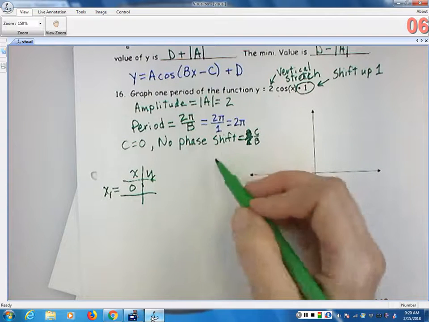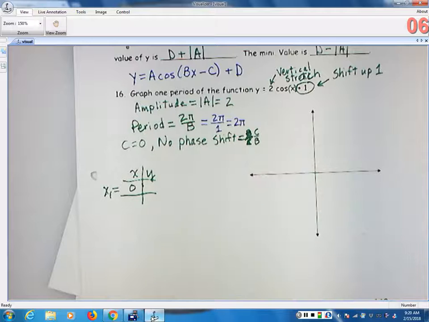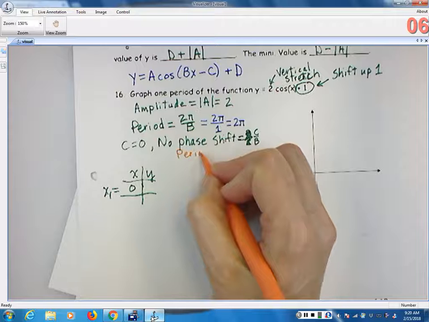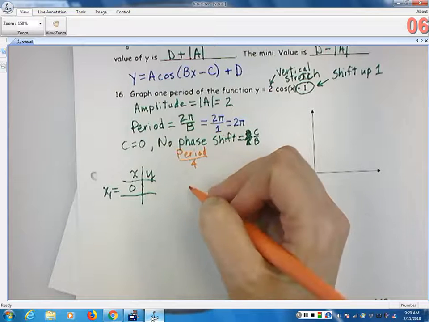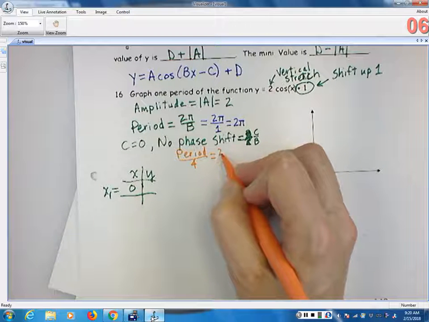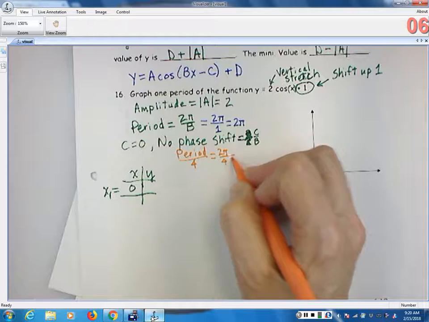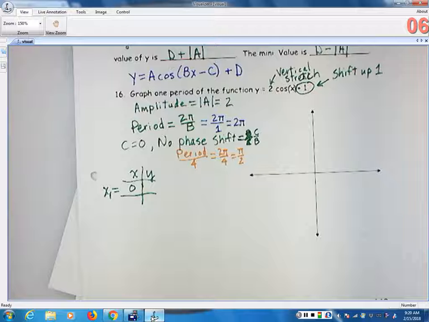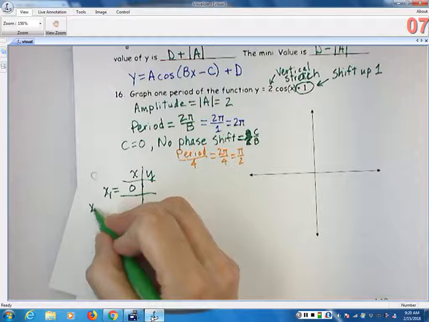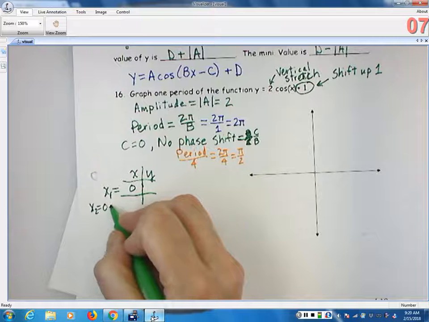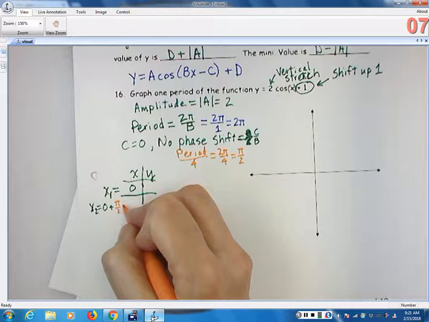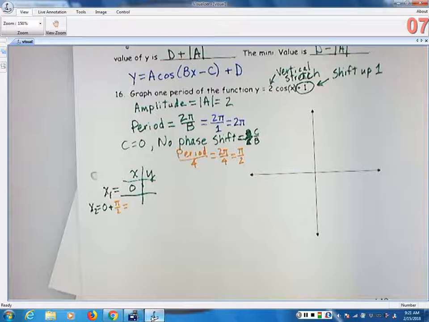And then you take your period and divide it by 4. This is important to remember: the period 2 pi divided by 4 is pi over 2. And that's what you add to the 0. So for X2, it's going to be 0 plus pi over 2, and that just equals pi over 2.